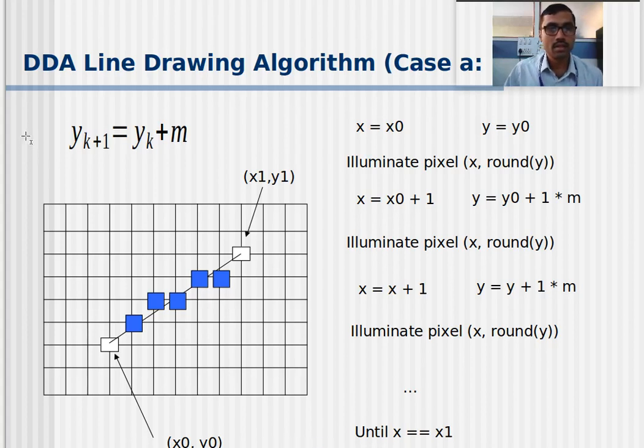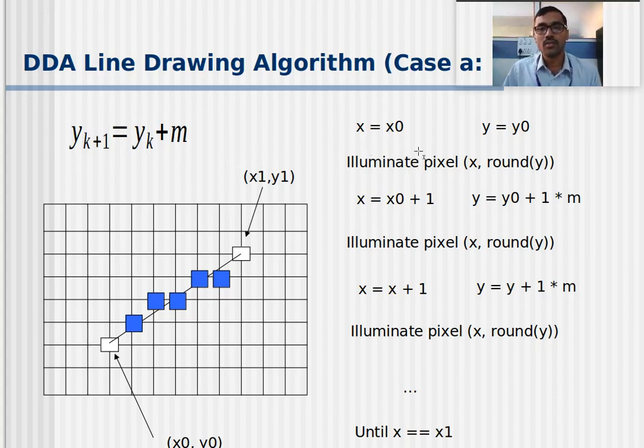So in this DDA line drawing algorithm, case A, where dx is greater than dy, the increment in x value is a unit increment, that is, increment it by 1, and the relative increment in the y values is calculated, that is, y(k+1) = yk + m.